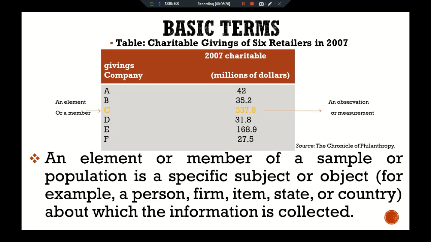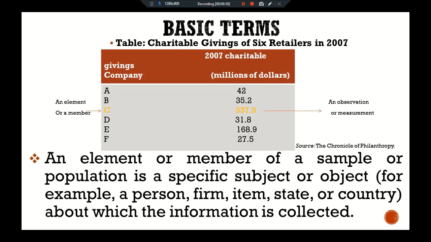So here we have the information related to the charitable giving in our example, and that information is called a variable. Here the 2007 charitable giving is a characteristic of a company that we are investigating or studying.